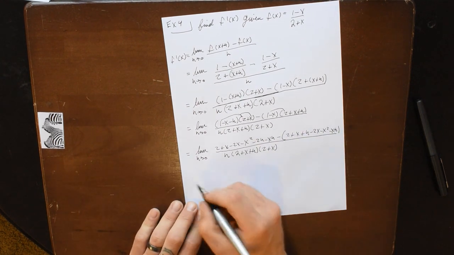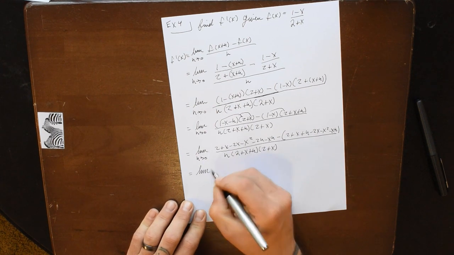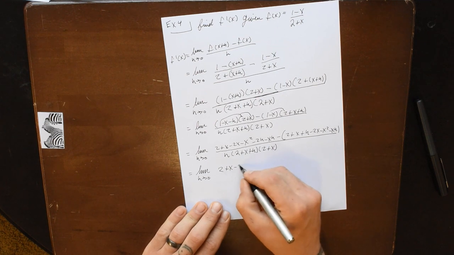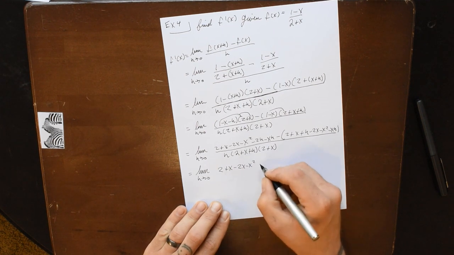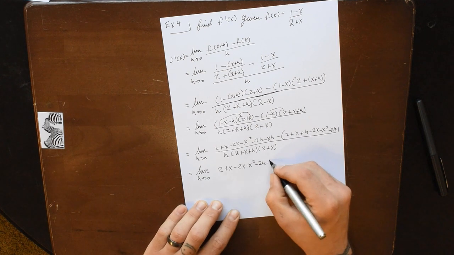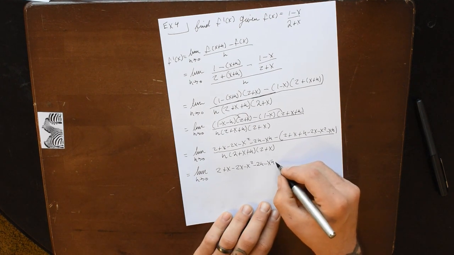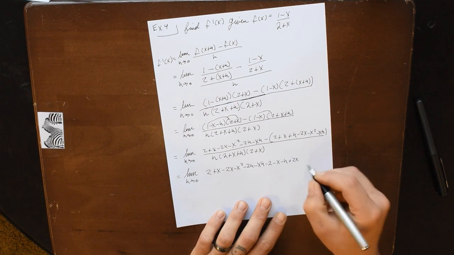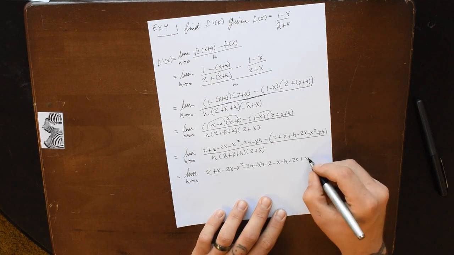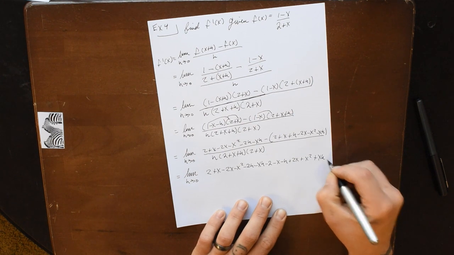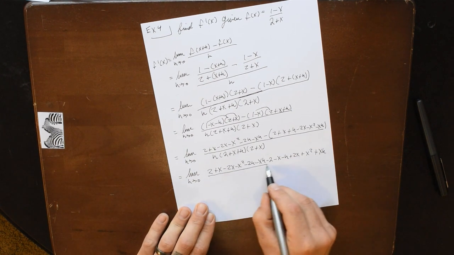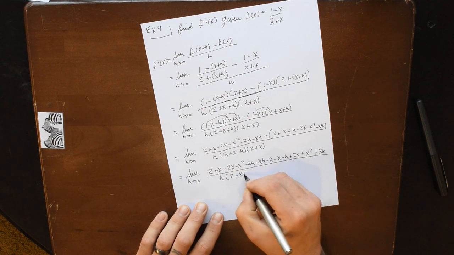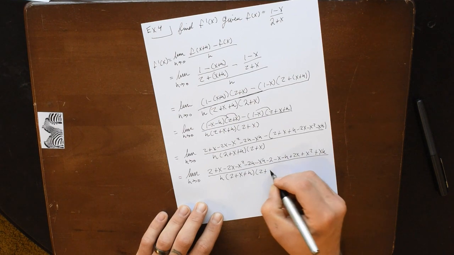Now we'll distribute our minus sign through. 2 plus x minus 2x minus x squared minus 2h minus xh minus 2 minus x minus h plus 2x plus x squared plus xh all over h times 2 plus x plus h times 2 plus x.